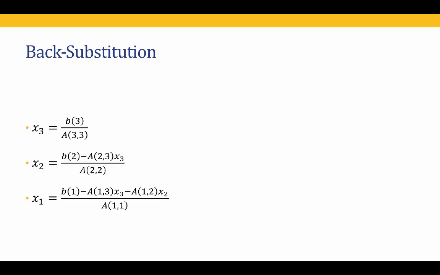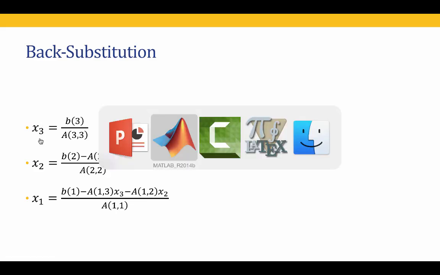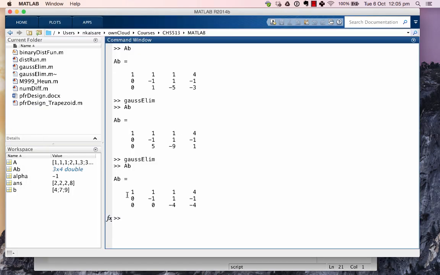Now with respect to back substitution, what we do is we have our last equation as, if we go back to MATLAB and check this, our last equation is minus 4x3 equal to minus 4. So x3 is just going to be this guy divided by this guy. So our x3 is going to be equal to 1.